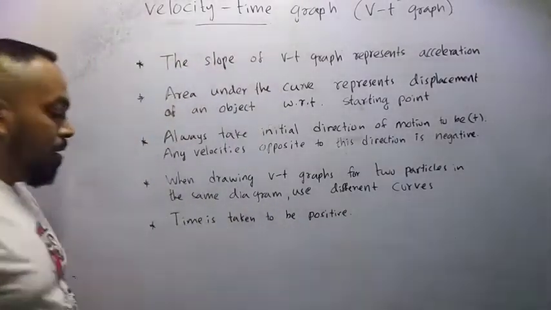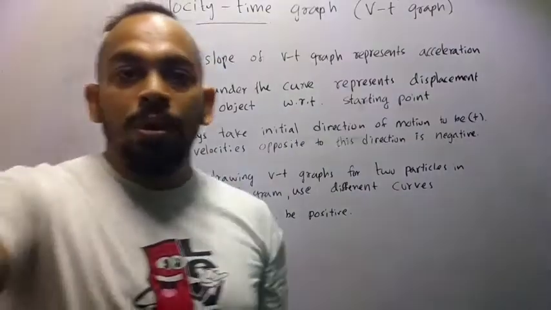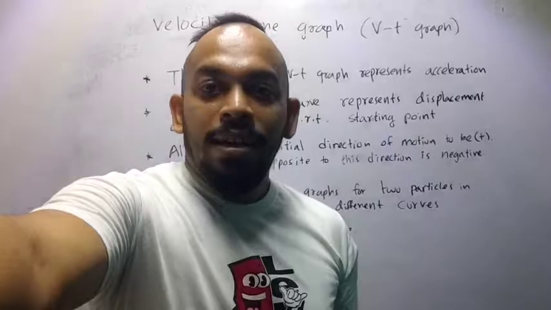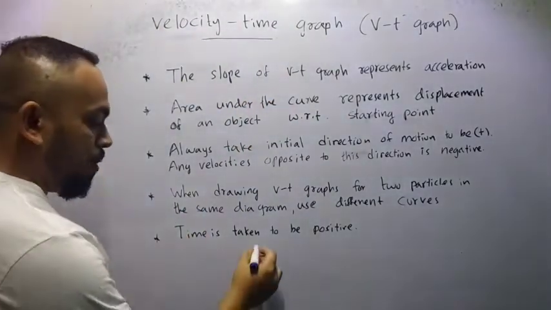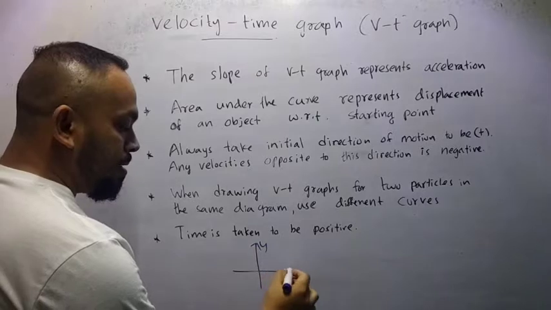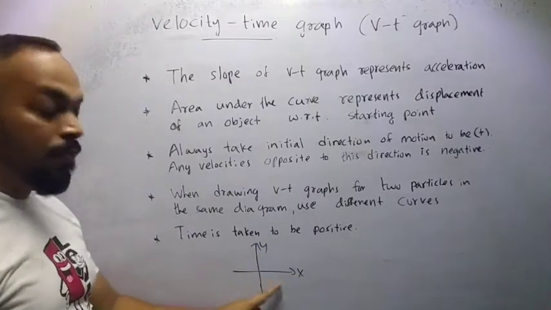Then time is taken to be positive. Time is always considered to be positive. So that's why in a Cartesian plane, you have a y-axis and x-axis, and you have four quadrants, 1, 2, 3, 4.